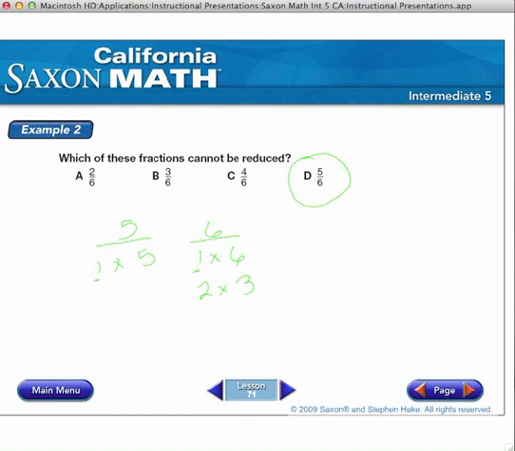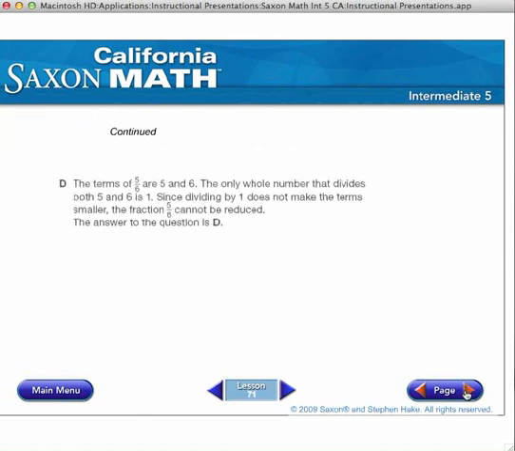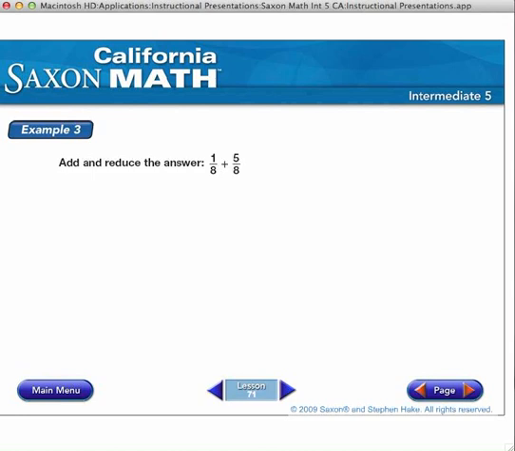Okay, let's look at example 3. Add and then reduce the answer. So of course we're showing all of our work. So 1/8 plus 5/8. Remember, when you add, your denominators must be the same.